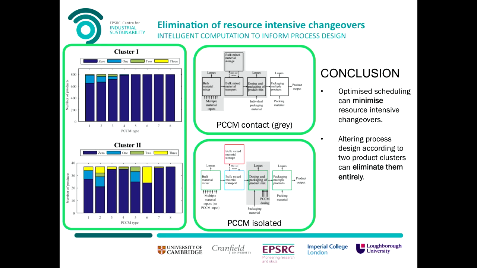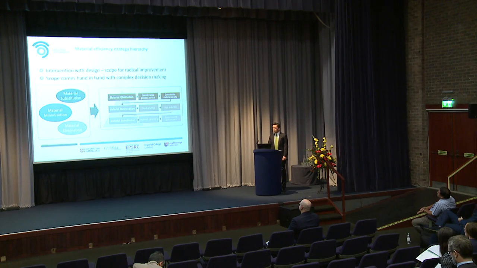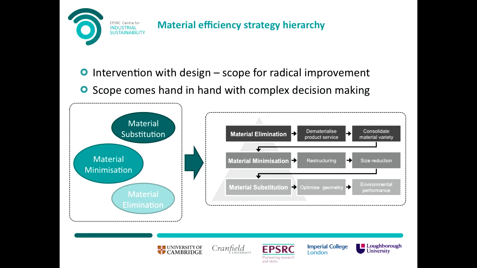Finally, going on to the product design for material efficiency. I'm just going to go through a few of the different tools that we've come up with, and then a quick example of them in the case study. So interventions with product design have scope for radical improvement in material efficiency, but that scope comes hand in hand with some complex decision making.